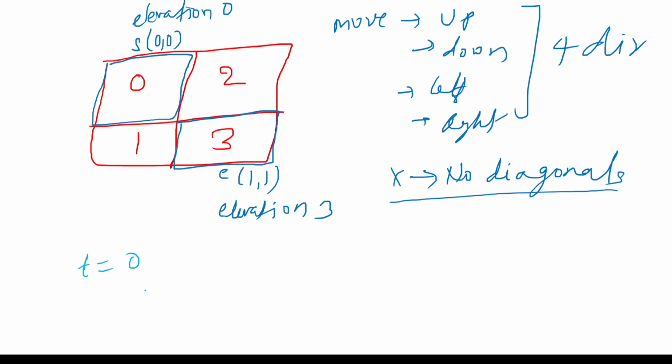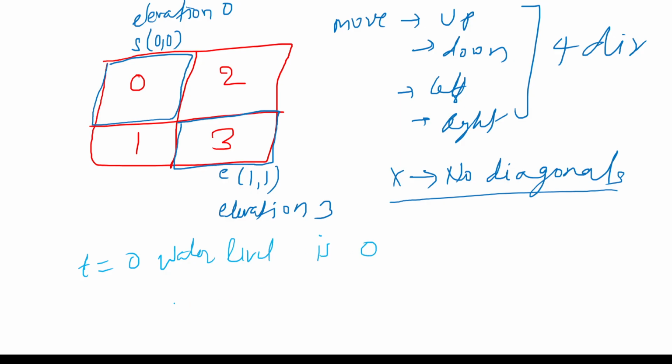When t equal to 0, the water level is 0.